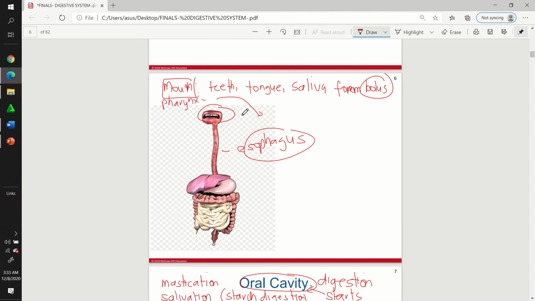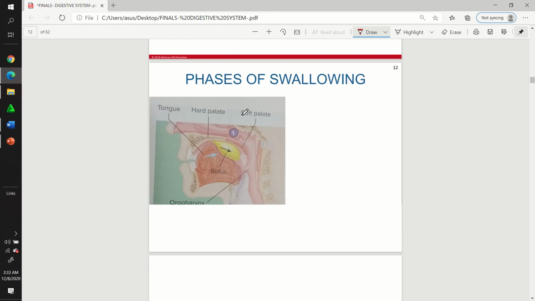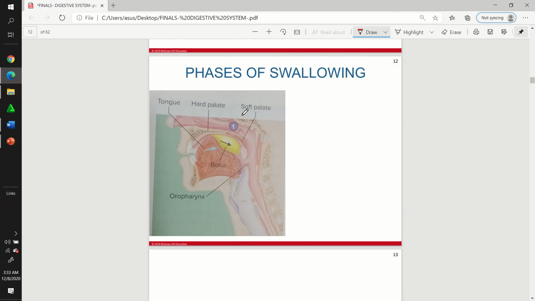Before we continue the process of your digestion, I want you to understand the phases of your swallowing. This is very important. The phases of swallowing include three phases. First, we have your voluntary phase. Take note, this is a bolus.